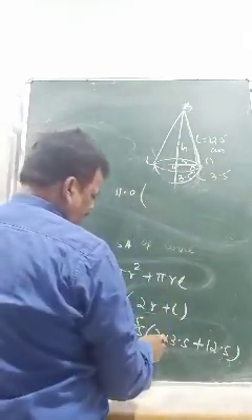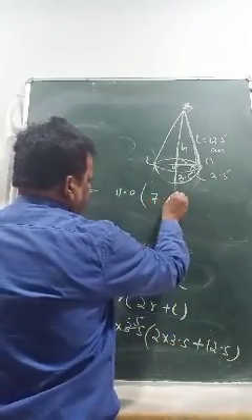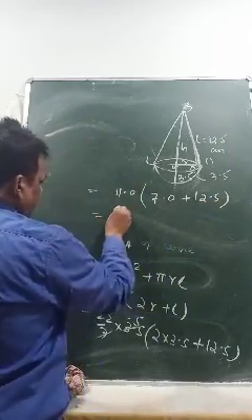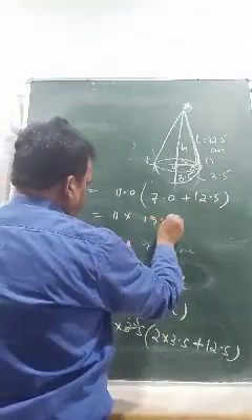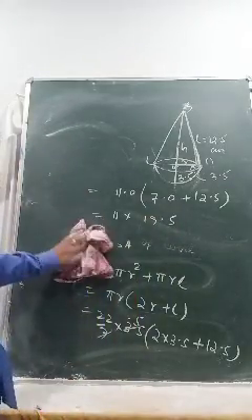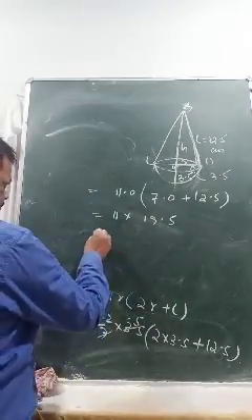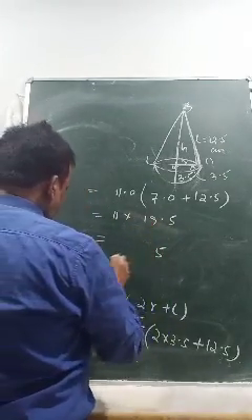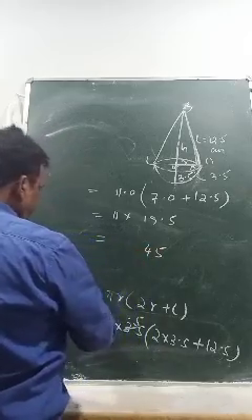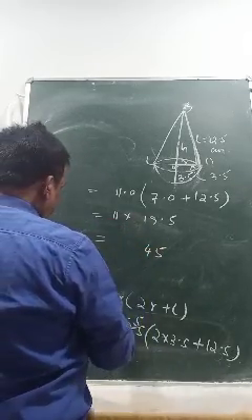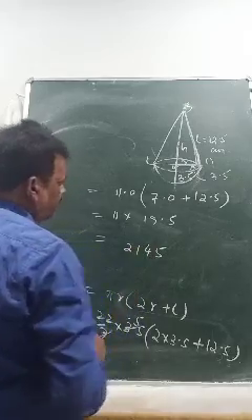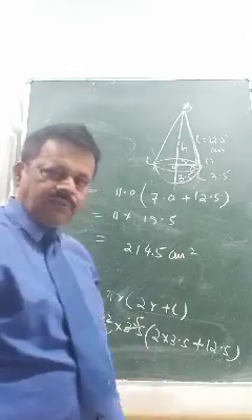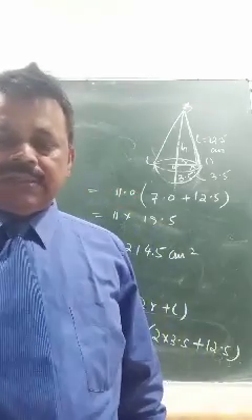Then 3.5 into 2 is 7.0, plus 12.5, so 11 into 19.5. Multiply: 11 5 is 55, 11 9 is 99, giving 214.5. After decimal 1 digit, put here. Okay, so like this, remaining class questions in the next class.